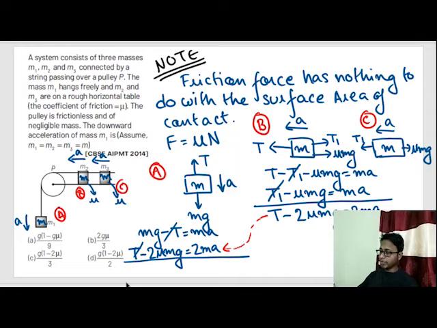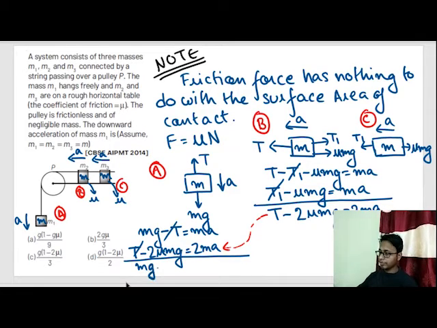So mg minus 2 mu mg is equal to 3 ma. This m gets cancelled by this m and this m.